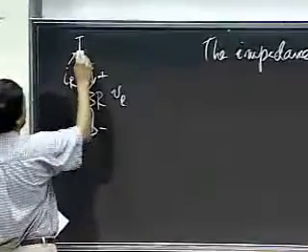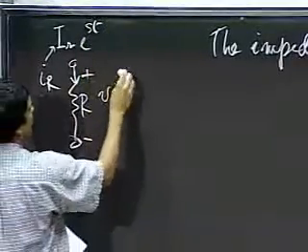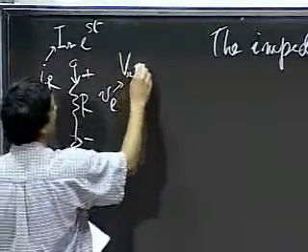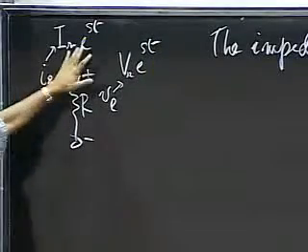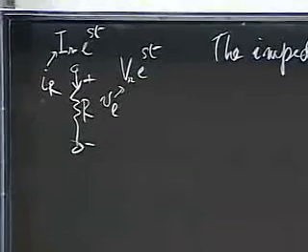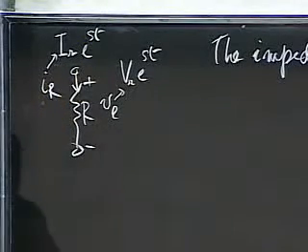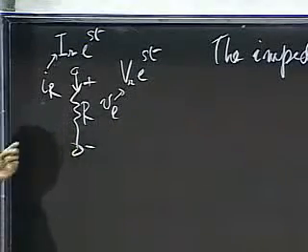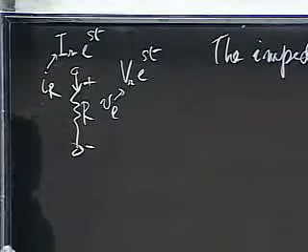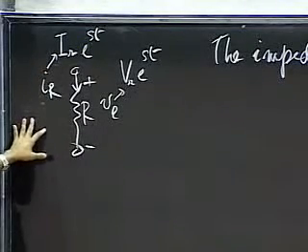So let's say my IR is IR e to the ST, and my VR is VR e to the ST. The S is a shorthand notation for j omega. I need to find out what relates VR and IR for the element relationship for the resistor to hold.